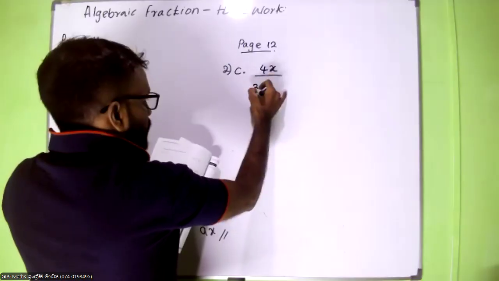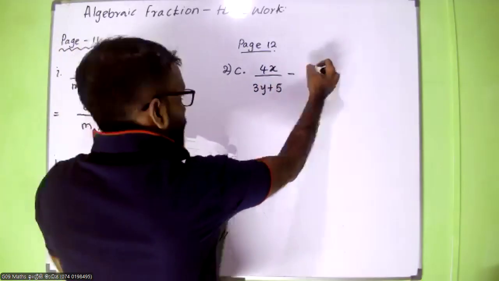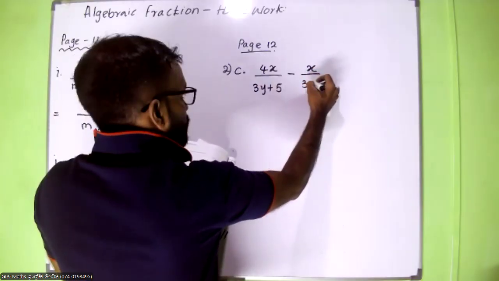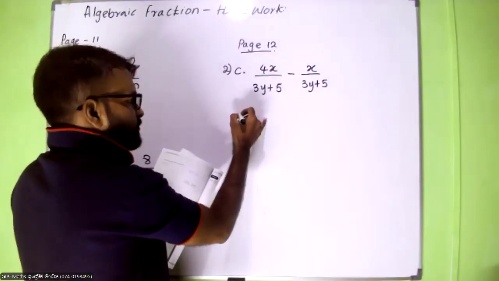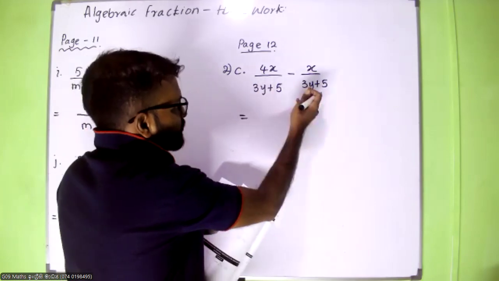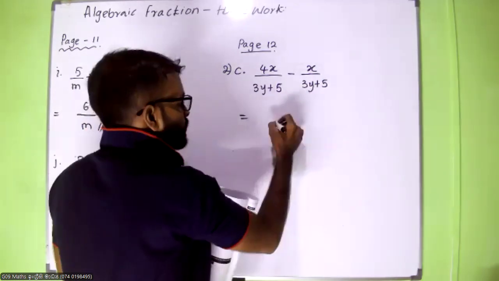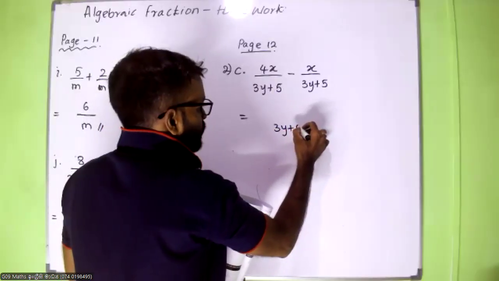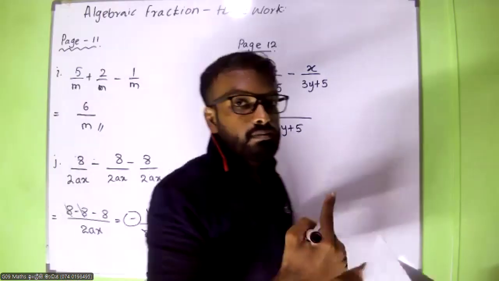4x divided by 3y plus 5, minus x divided by 3y plus 5. Right? So very easy. The denominators are the same, 3y plus 5, so no need to worry. The denominator is 3y plus 5. What about the numerator?